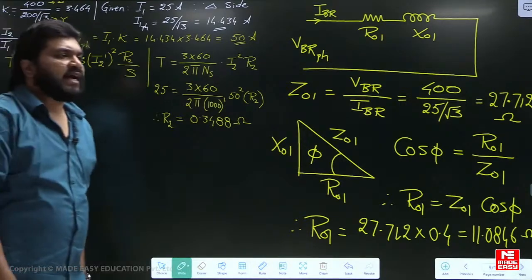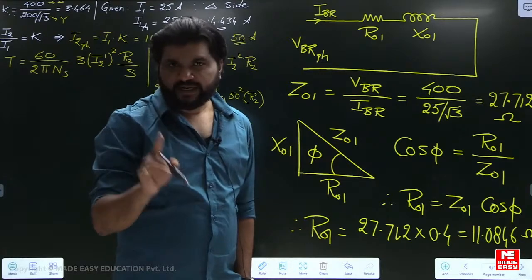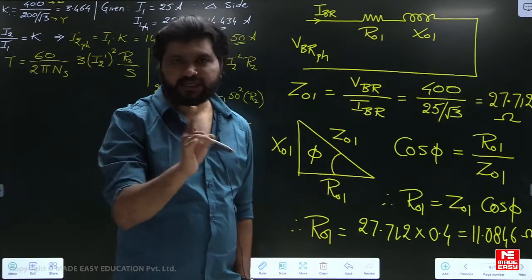There is a standard when you write turns ratio K: always maintain N1 by N2, primary by secondary.